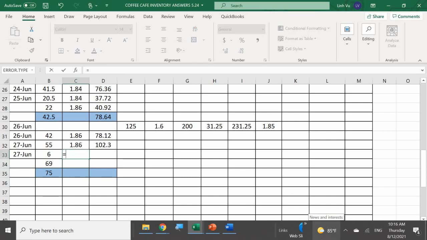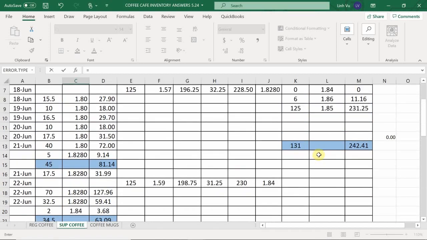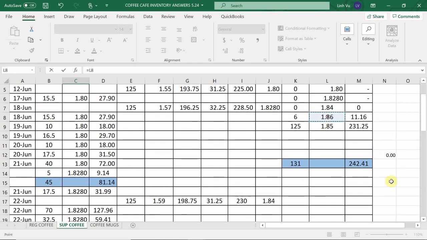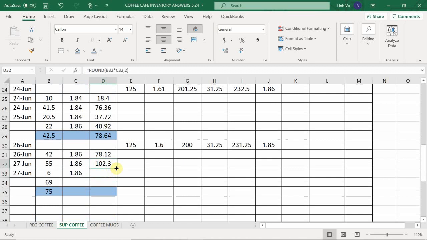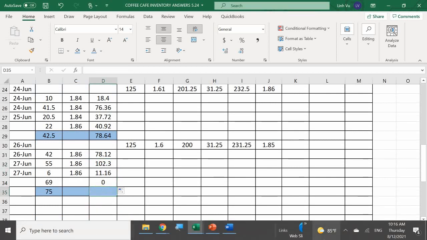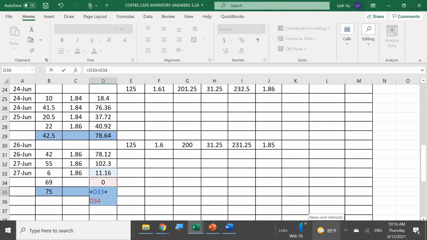So in this case, I already know, given that those 6 pounds is going to be at $1.86, which is going to cost me a total of $11.16. Okay? So I need to put my other formula in here.